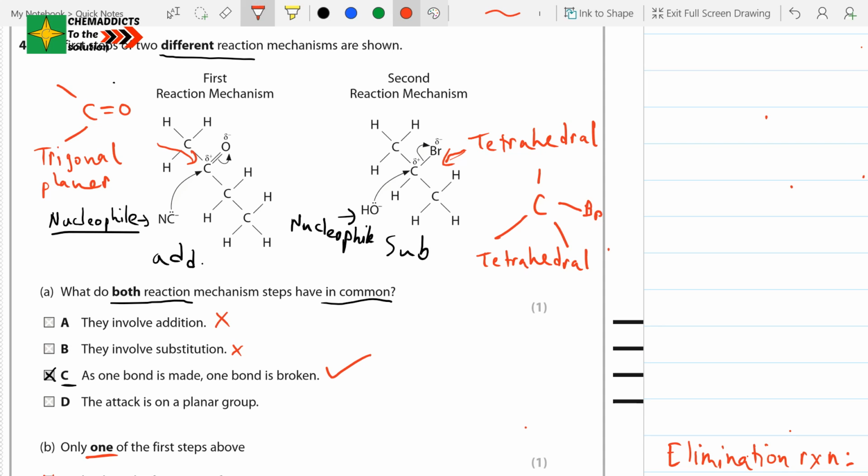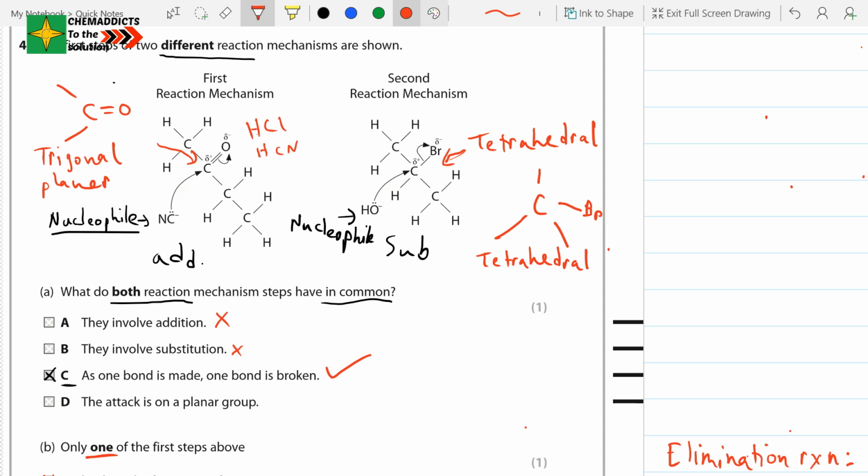But later on we can see that this oxygen then combines with hydrogen, from HCl or HCN, whatever. So later they form a bond with this one or this one, forming OH.